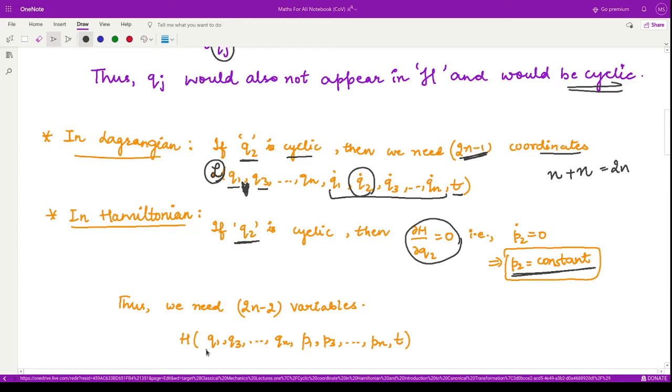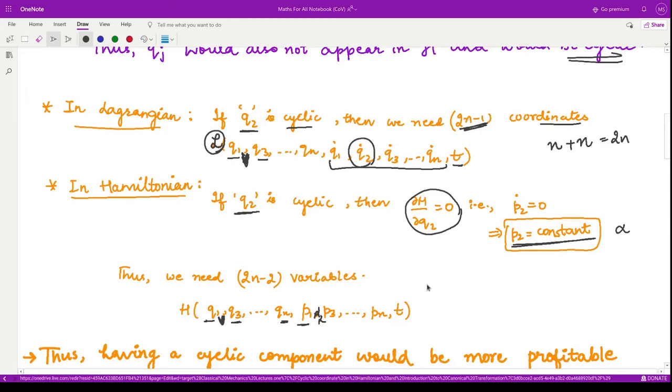So here we have q1 and not q2, q3 up to qn. Similarly, we have p1, and instead of p2 we have some constant. Let's call this alpha, so this is p1, alpha, p3 up to pn, and t.